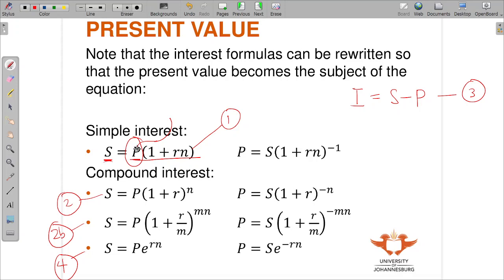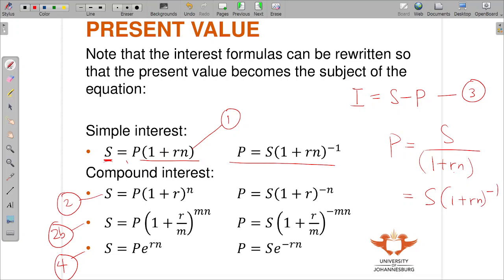If I want to make P the subject of the formula, I just multiply both sides by this value. So that will give us P equals S over 1 plus Rn. Then I can use my power, like in the exponential function we have done, to write it as S(1 plus Rn) to the power of minus 1.